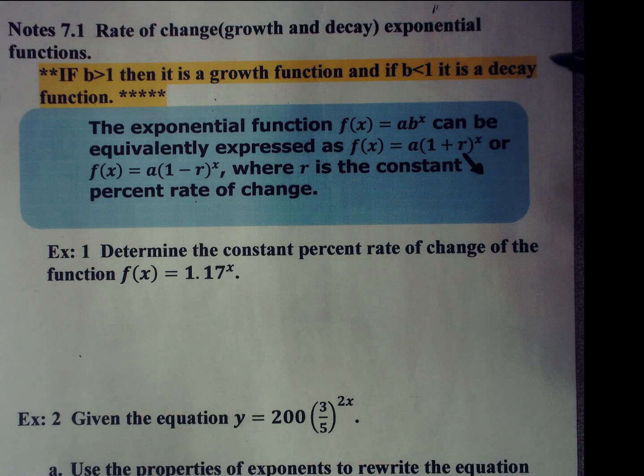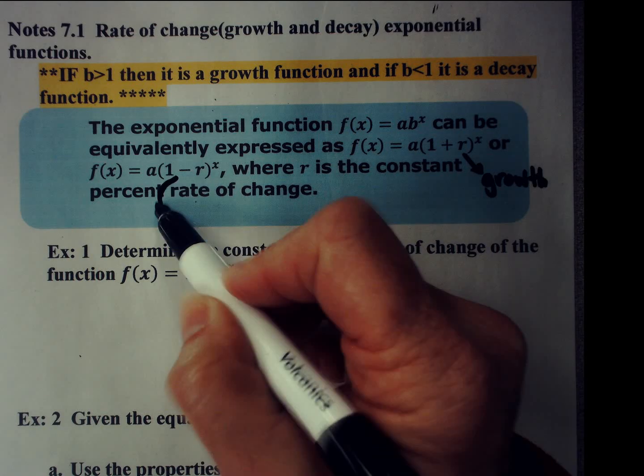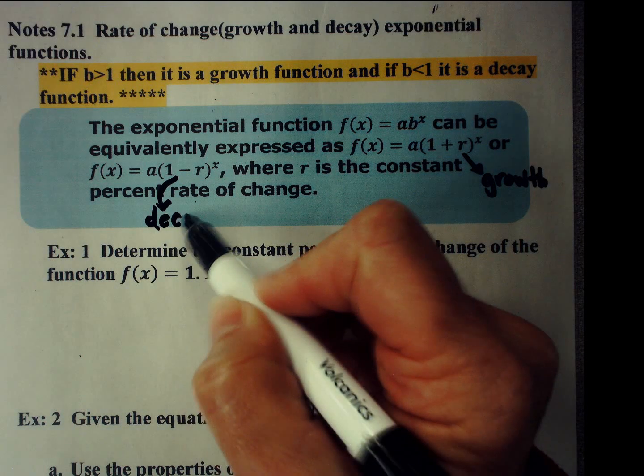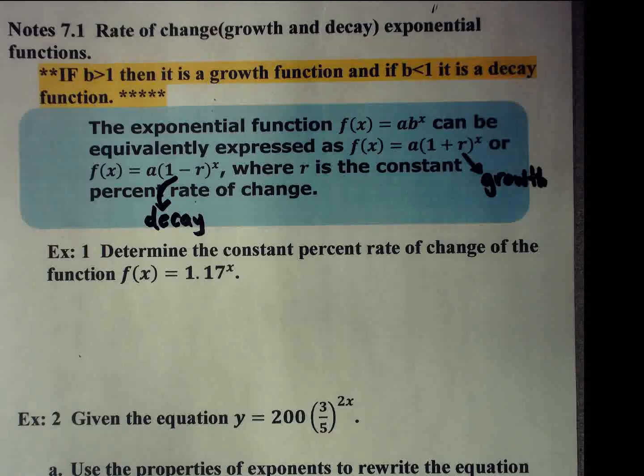Now, because it's 1 plus r, that would make b greater than 1. So this would be a growth. 1 minus r would be a decay, because then the b number would be less than 1 if you had subtracted it. So we're going to be focusing a lot on those two functions for now.